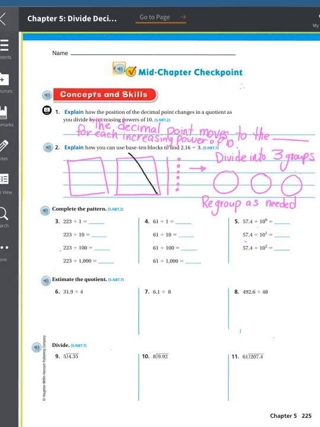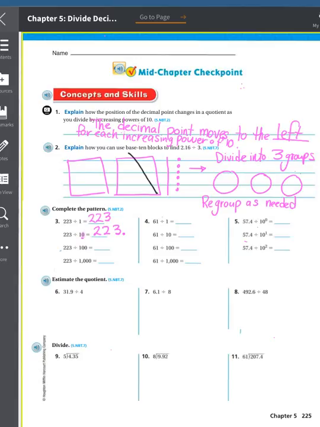Okay, so now we're going to complete the pattern. Remember, with every increasing power of 10, we move the decimal to the left. If you said left up here, you are right. So if my decimal point is here, I'm going to move it one place to the left because I have 1, 0.